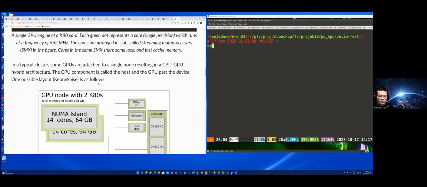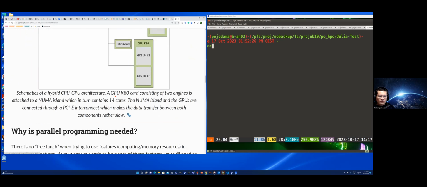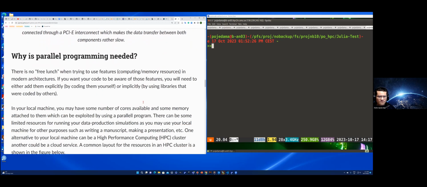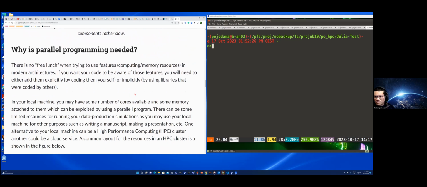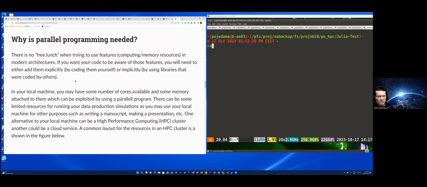So your code needs to be aware of all the features that a single node or even the cluster is offering to you. So that's why you need to learn different techniques to make your code aware of all these features and leverage the power of the node and the HPC cluster.